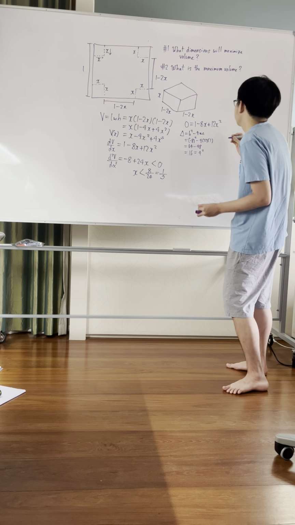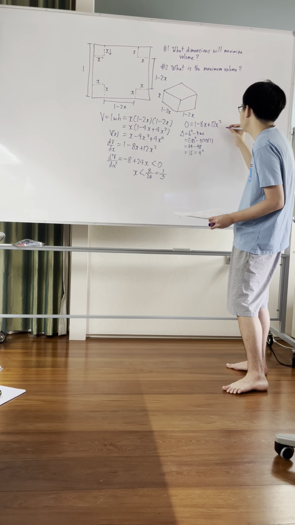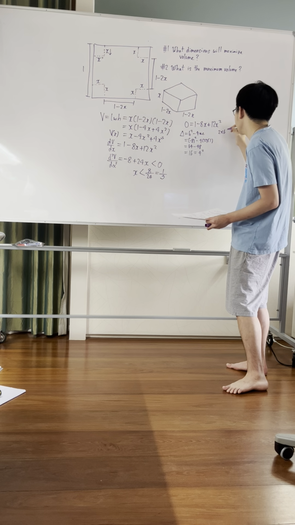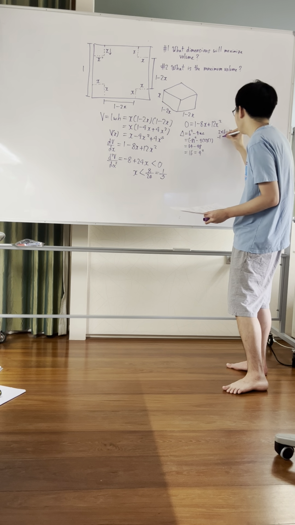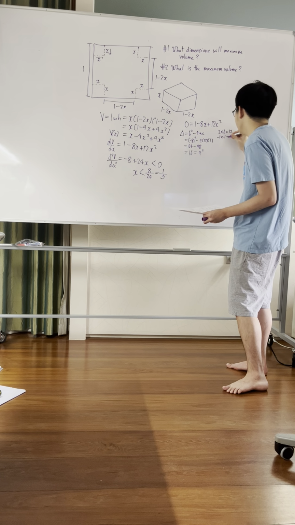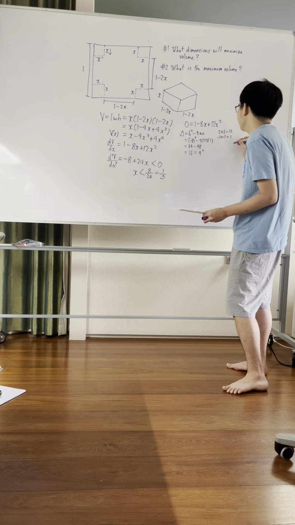For 12, it is 2 times 6, which gives me 12. And if I get negative 1 times negative 1, that gives me positive 1.